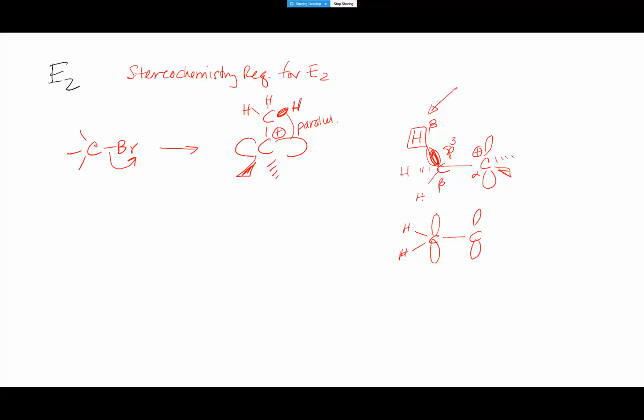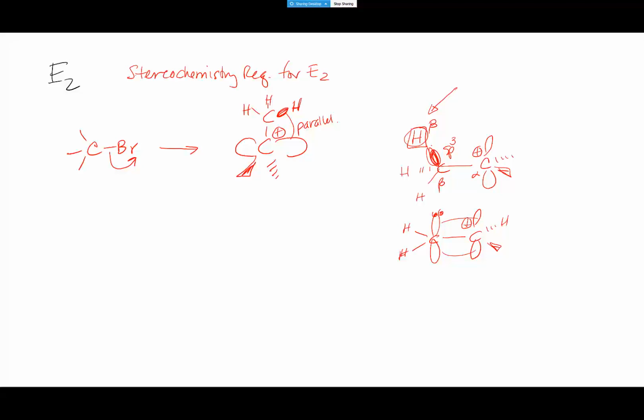And now that p orbital with a pair of electrons in it, because I lost my H plus, is going to be parallel to the empty p orbital, so that now they can overlap to form the pi bond. So when you're doing E1, you always lose the hydrogen whose bond is parallel to an empty p orbital, and you have a top and a bottom here.